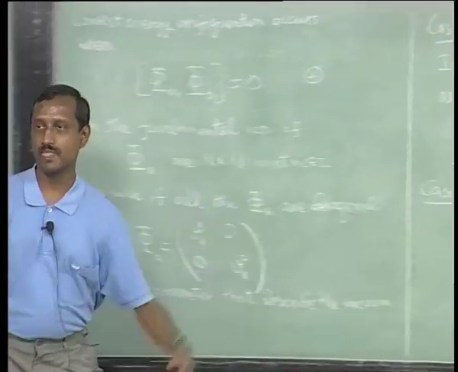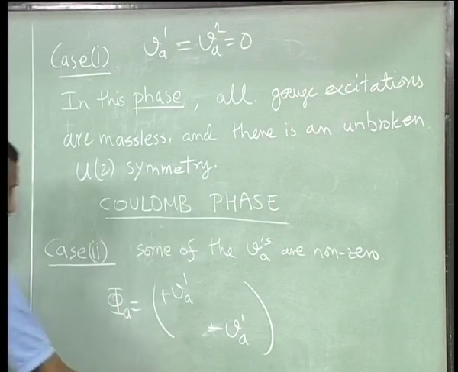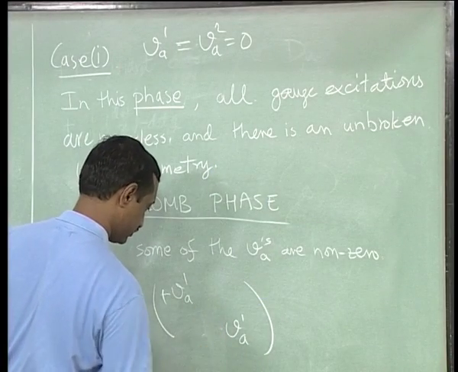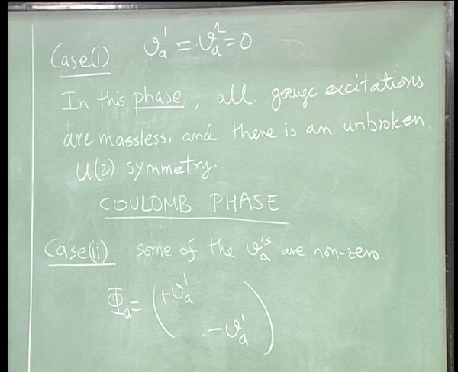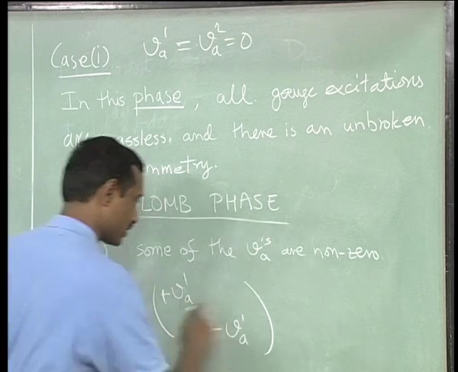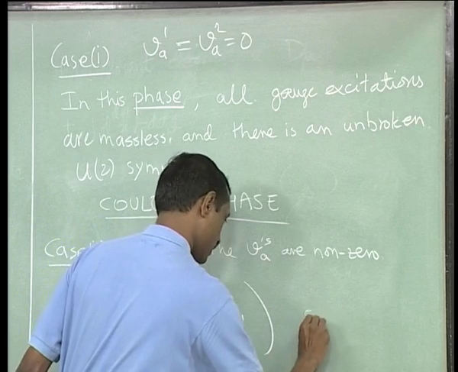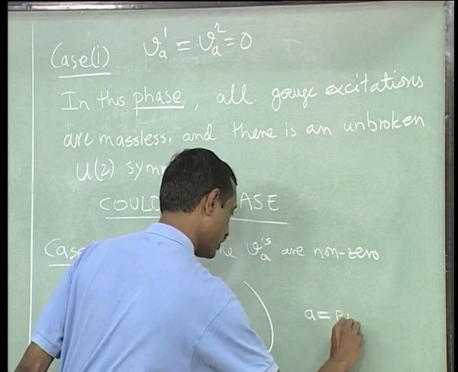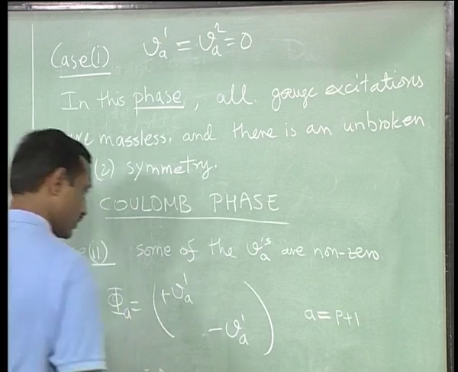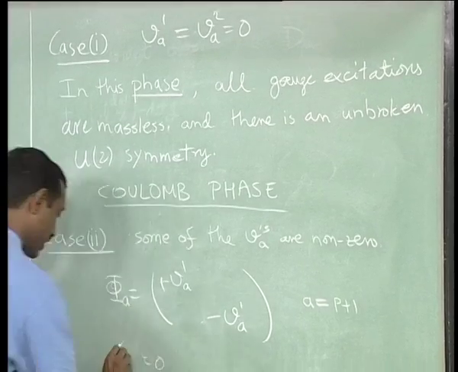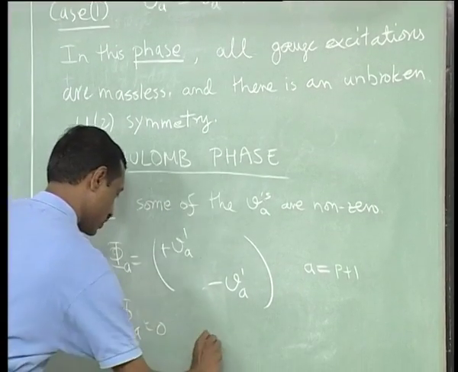I make it traceless by hand. I am choosing a subspace where it is traceless. They need not be the same for each one of these, or even better, let us just say this is only for one of them, say for A equal to p plus 1, and phi_A equal to 0 otherwise.